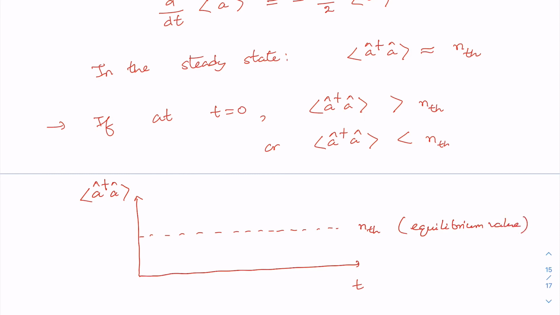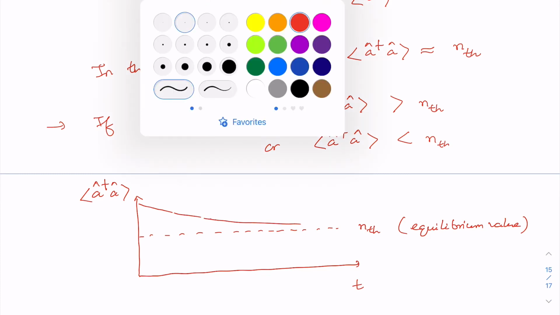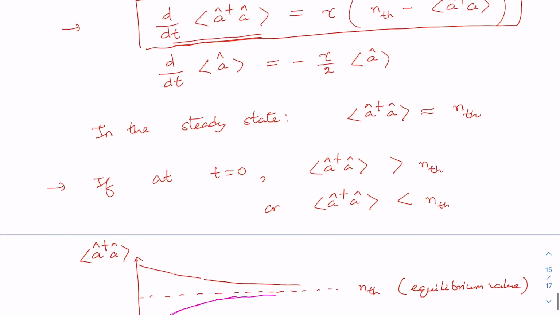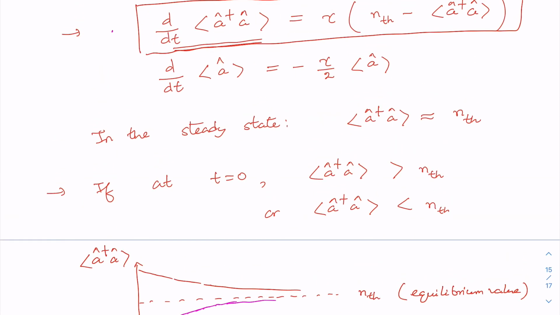If we initially start at a higher number of photons, then it is going to decay exponentially like this. On the other hand, if we start at say 0 photons, then it will approach the thermal equilibrium at long times.